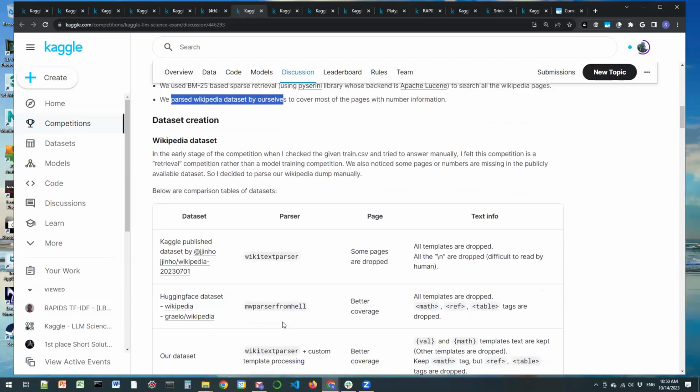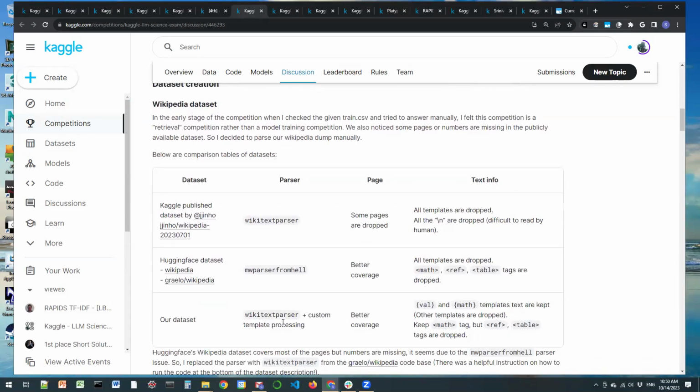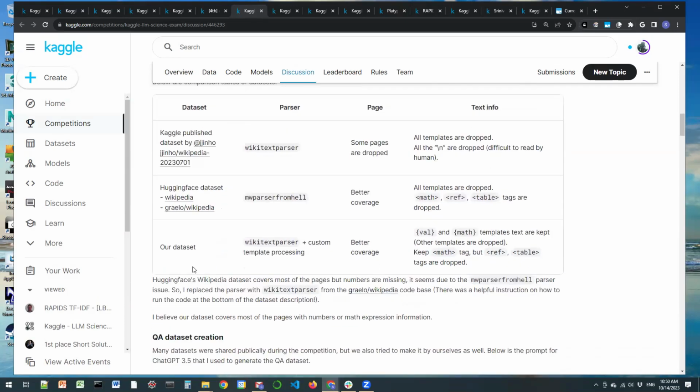So it looks like this person's created their own Wikipedia stuff as well. And therefore, the data set covers pages with numbers or math expressions.